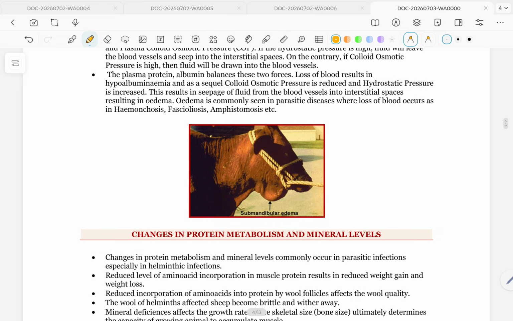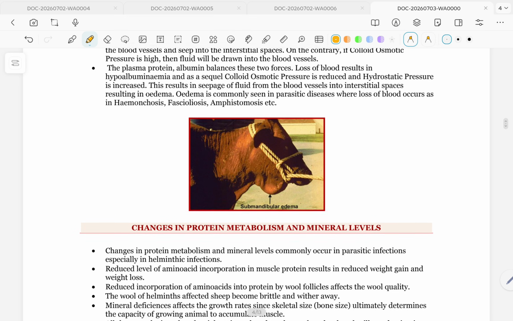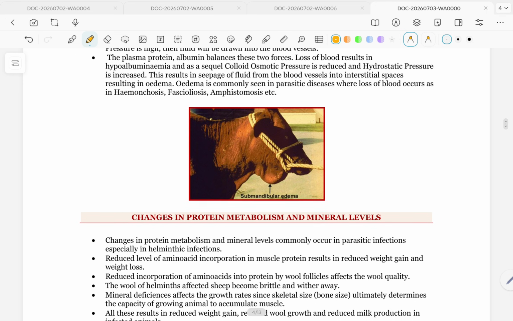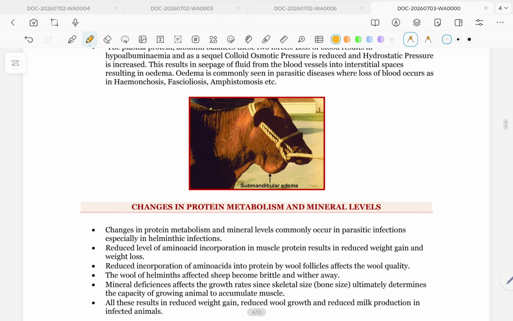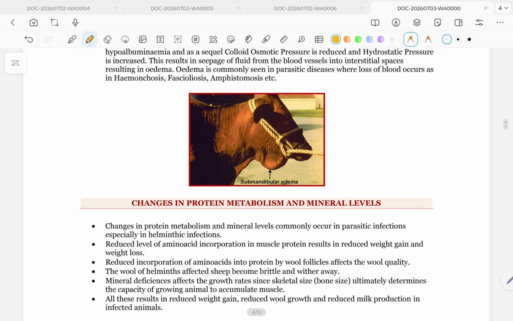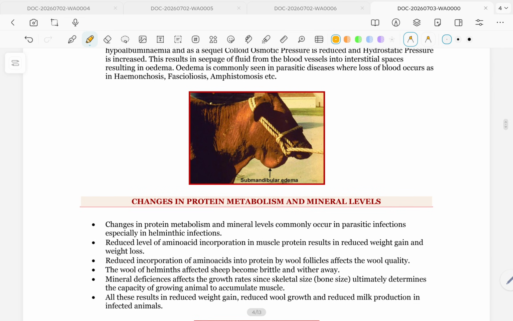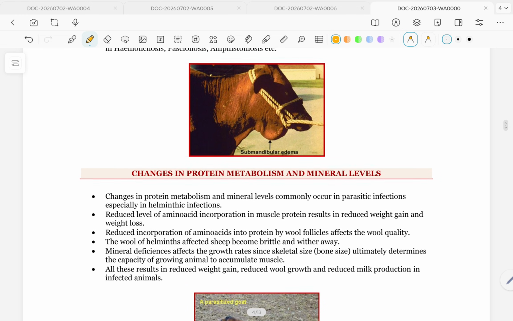This results in seepage of fluid from the blood vessel into interstitial space, resulting in edema. Edema is commonly seen in parasitic disease where loss of blood occurs, as in haemonchosis, fasciolosis, amphistomosis, etc.